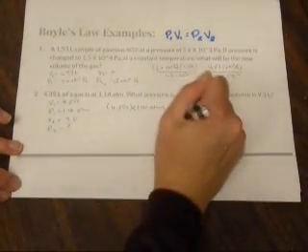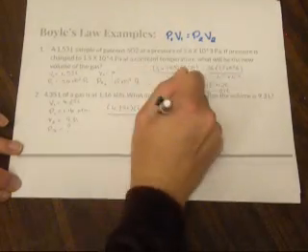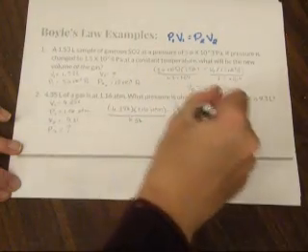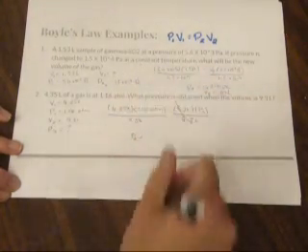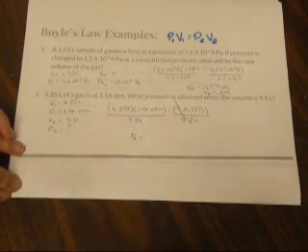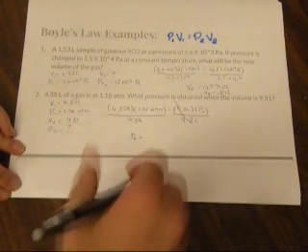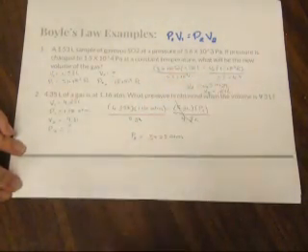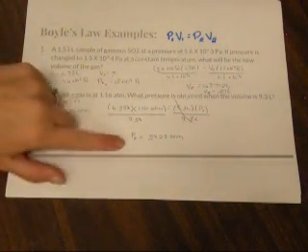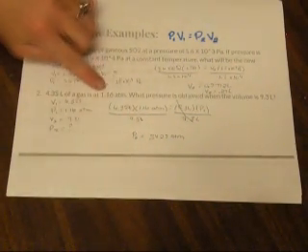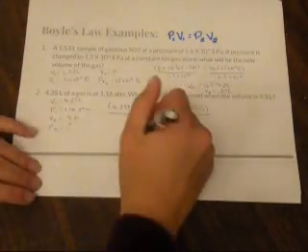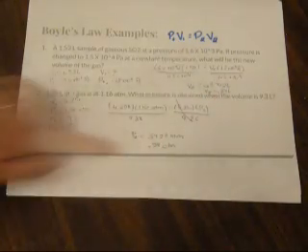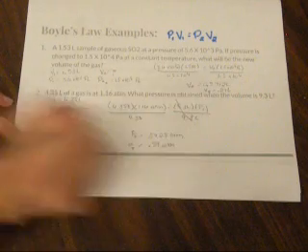Remember, we have to divide to get P2 by itself. And look, our liters cancel out. So P2 equals 0.5425 atm. Converting to sig figs, we have 3 here and 2 here, so we only need 2 sig figs, which will be 0.54 atm. And that is our answer for pressure 2.